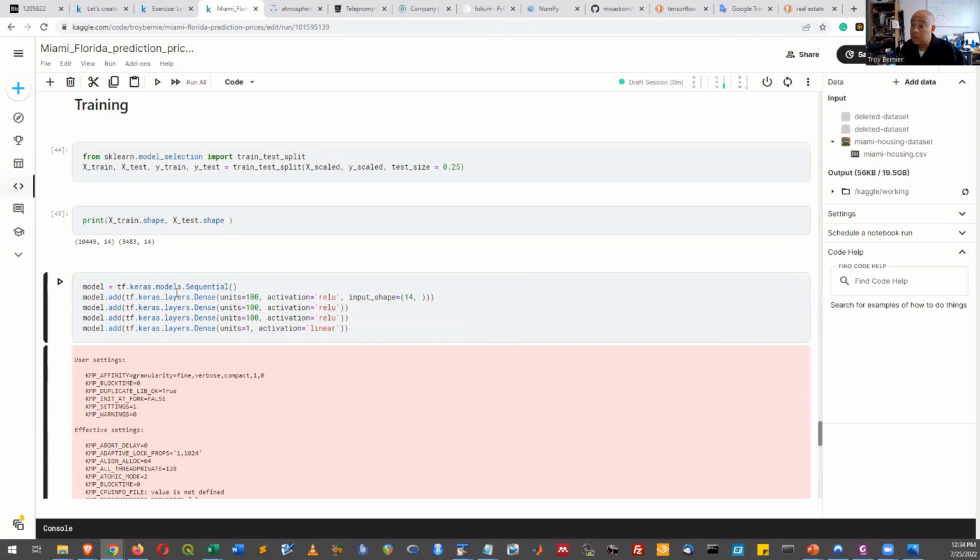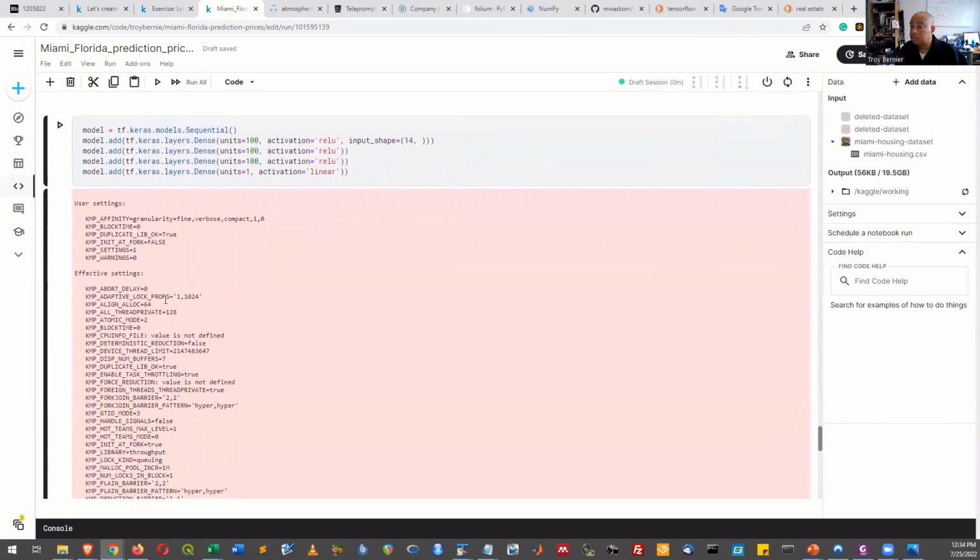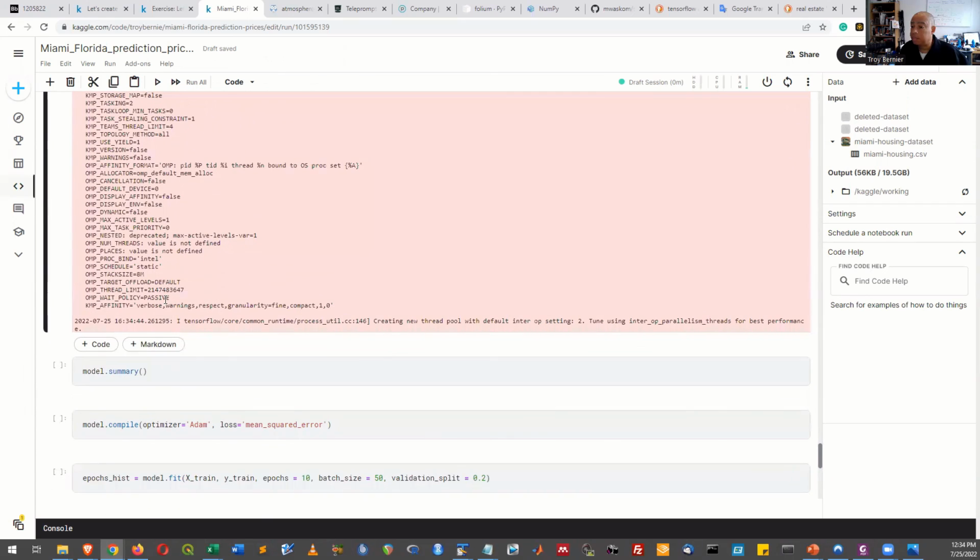Next one. Okay, here we go. This here is utilizing the Keras model. The Keras library is really important here. It pulls that information up and starts to run.